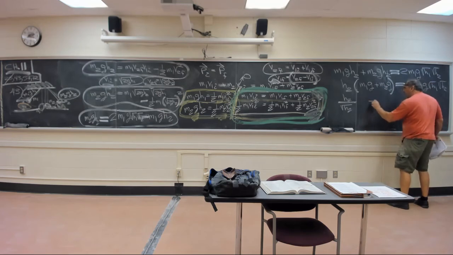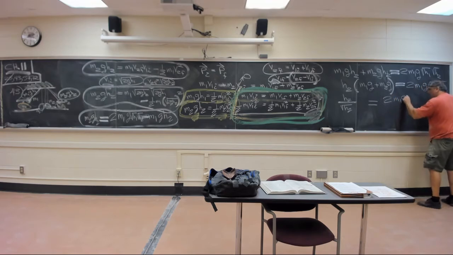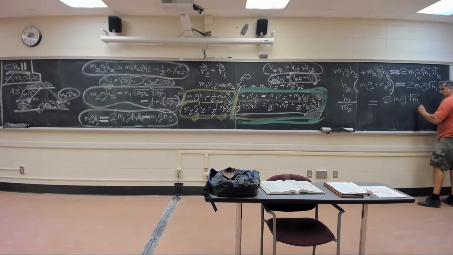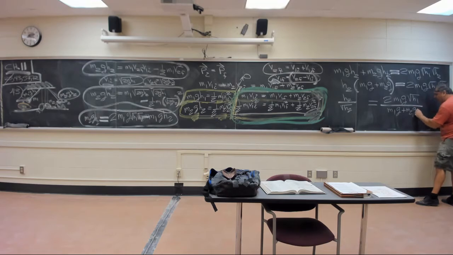And we end up getting 2M1G square root of H1, that stayed, over M1G plus M2G.